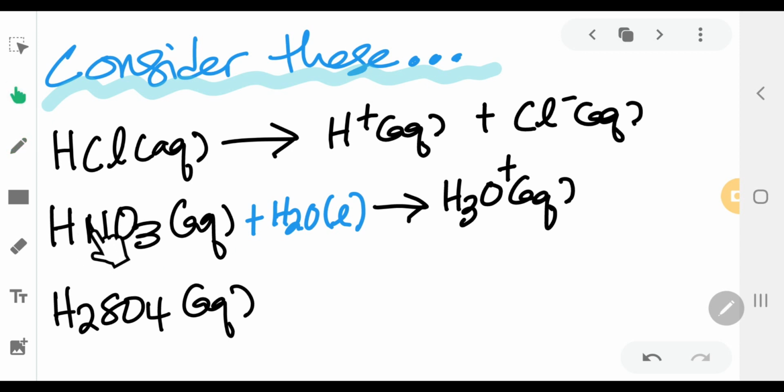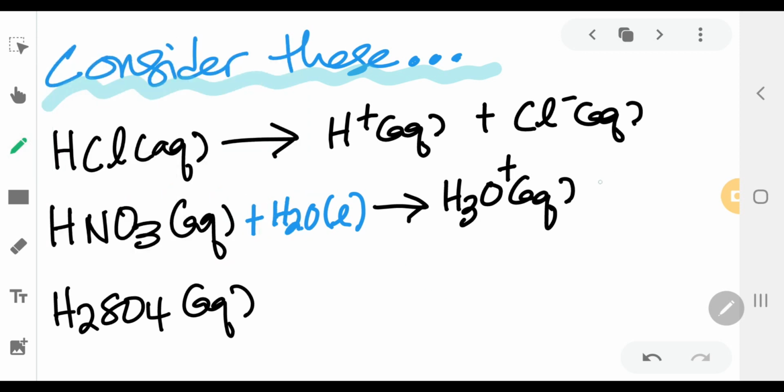This HNO3 will be dissociated completely, and the H right there will be donated to your water molecule to form H3O plus. Instead of liquid phase, it will be in aqueous because it's dissolved in the aqueous solution.